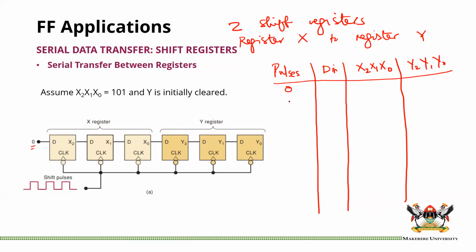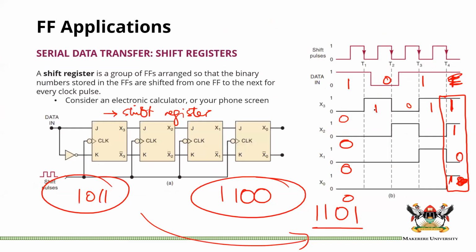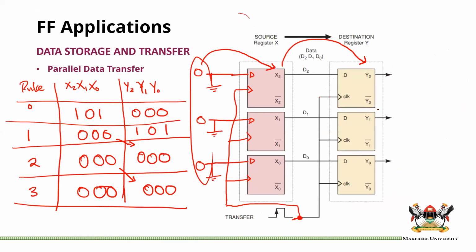Before any pulse, our D input, we can assume no input. We can even say 0. I think they are saying that X was initially 1, 0, 1, and now Y is initially cleared. Didn't we do something like this? Yeah, we've already done something like this, which is really nice.